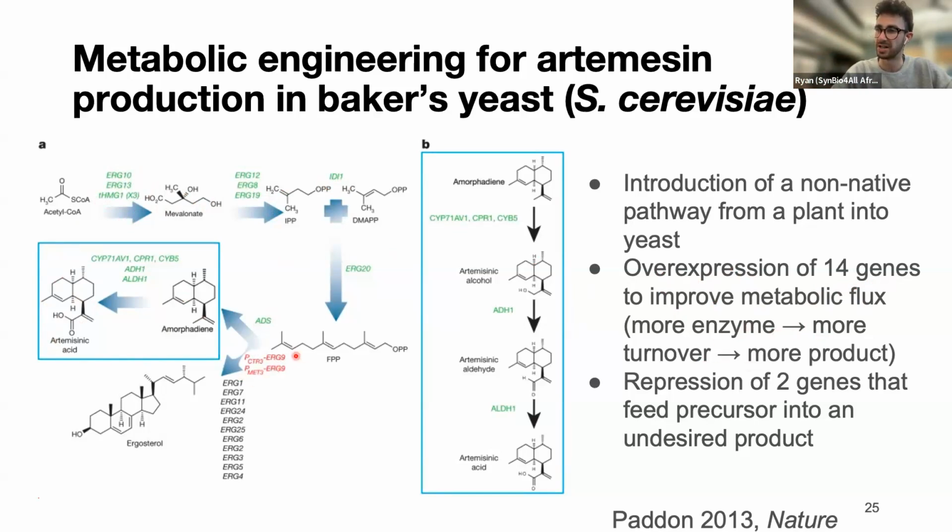And then they're also repressing 2 genes here that would take this intermediate and feed it into a different product that they want to minimize the accumulation of. So essentially, it's targeted and large scale overexpression and down expression of genes in your pathway or in a competing pathway. And that's metabolic engineering.